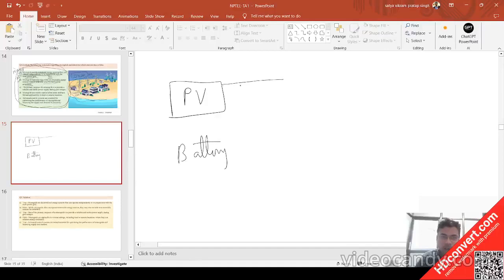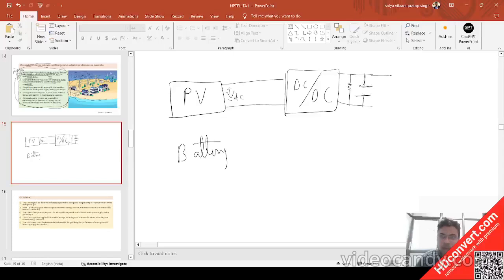Because after generation it will generate the VDC supply, then there is a certain mechanism of DC to DC converter, boost converter, then it will transfer to a DC link capacitor or any central load, and this has to be maintained, and this is connected to the grid. This is connected to the grid with the AC to DC to AC converter, the inverter. This is the inverter part, and it will be connected to your grid.